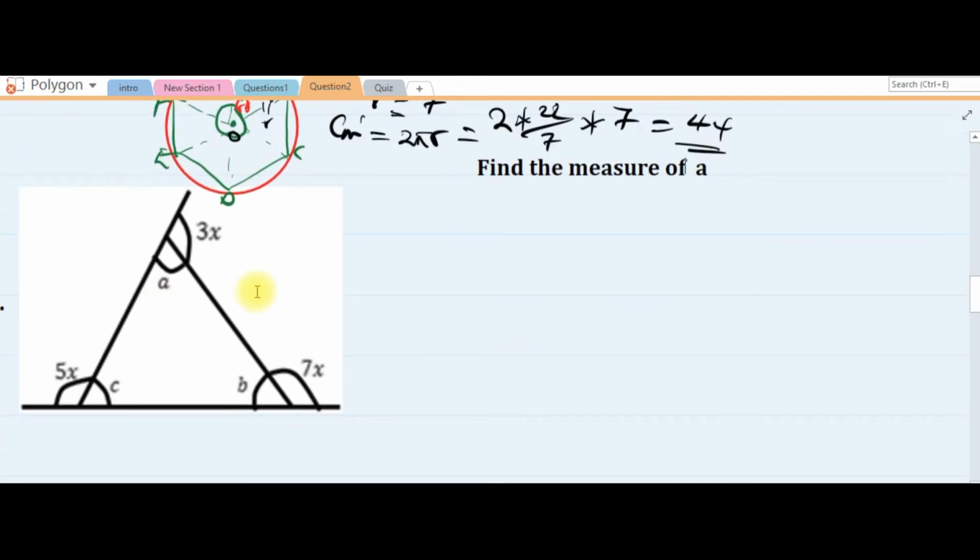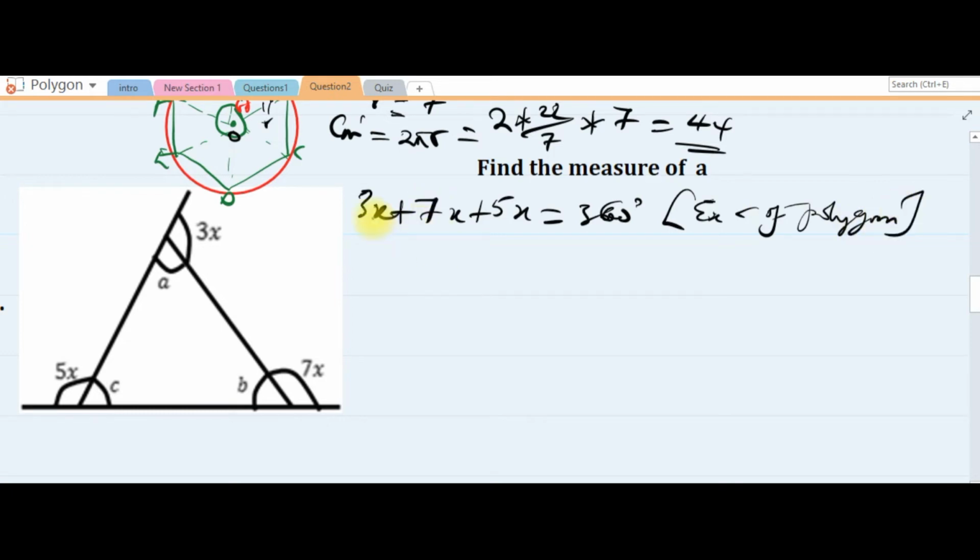So the next question, we have to find the measure of A. But first, let's get x. We are given the exterior angles. So we are given that 3x plus 7x plus 5x must give us 360 degrees, the exterior angles of a polygon.